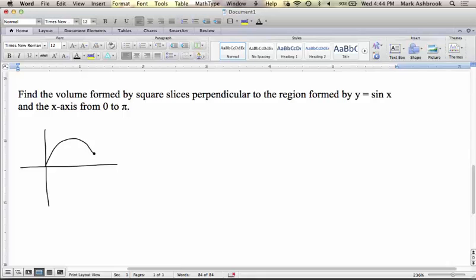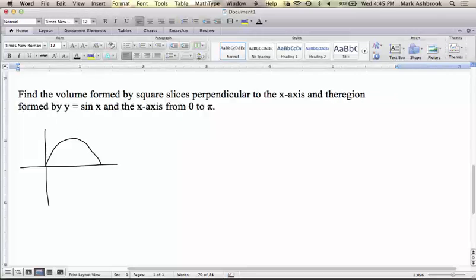That's this. And then to the x-axis and the region.